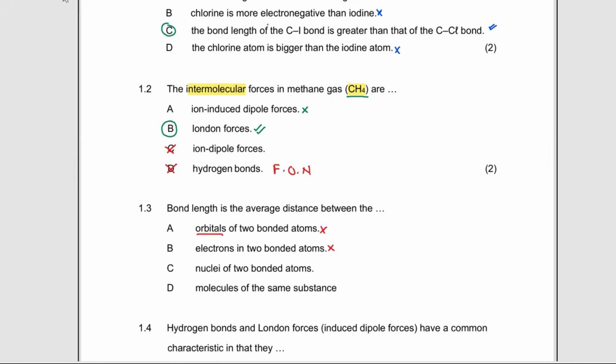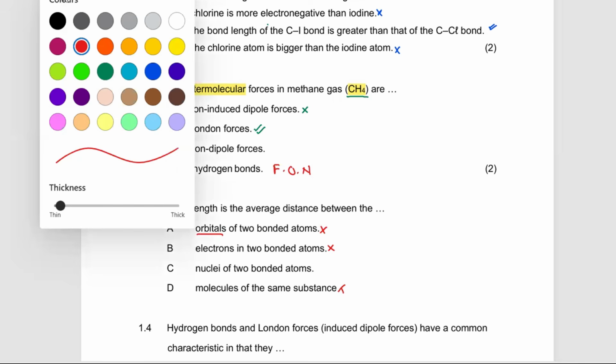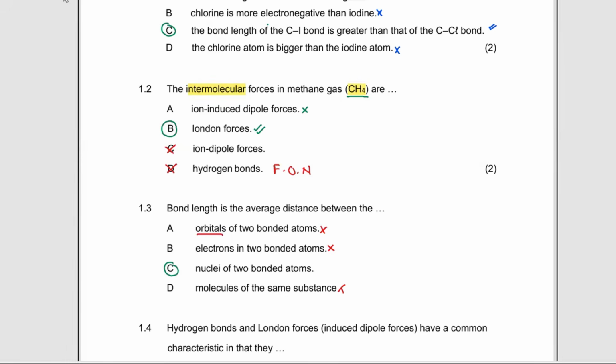Then option C says nuclei of two bonded atoms, right? Then D says molecules of the same substance. This is incorrect. So our correct option there is going to be option C, which refers to the two nuclei of bonded atoms.